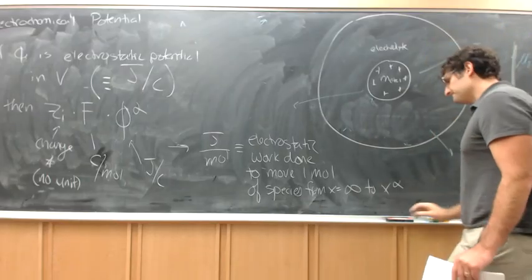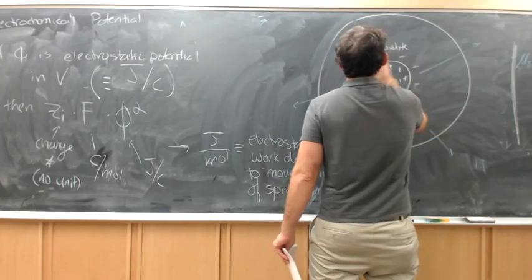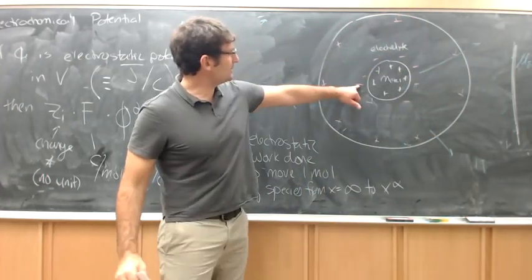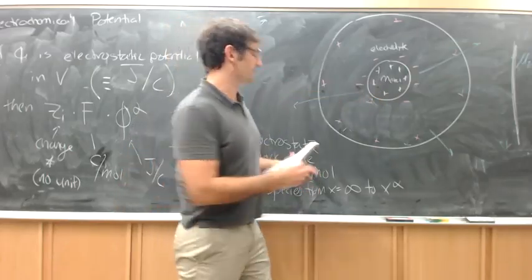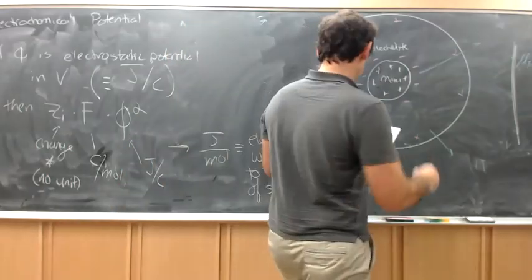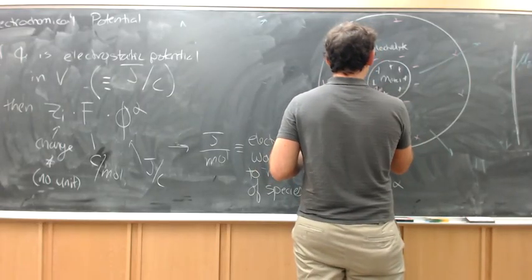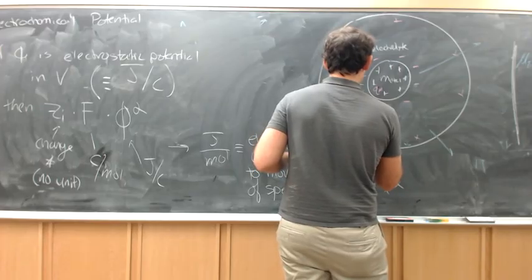You're going to do that until you have made a double layer here and a double layer here, in fact, right? Now, how are the number of charges here and here related? Charges here, charges here, charges here. We'll call them Q metal, Q electrolyte minus, and Q electrolyte plus.